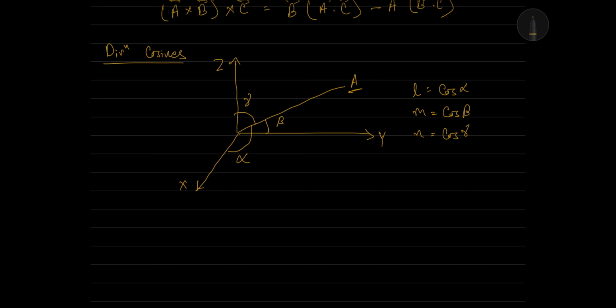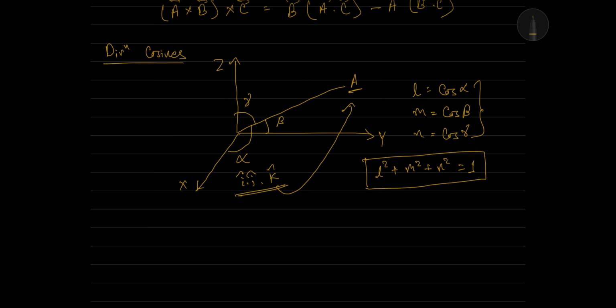It gives the ratio at which if we add i cap, j cap and k cap, we get the parallel vector of A vector. So L square plus M square plus N square equal to 1; if we square the direction cosines and add, it always gives unity.